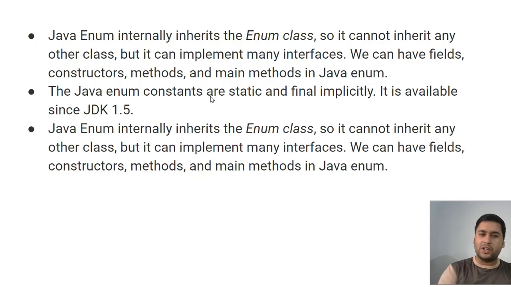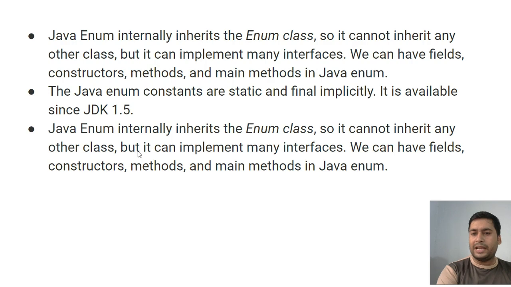So you don't need to give it. Enum is available since JDK 1.5. Java enum internally inherits the Enum class, so it cannot inherit any other classes, but it can implement many interfaces.